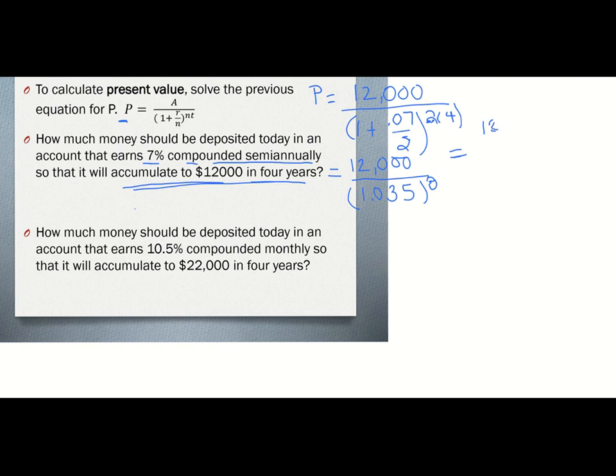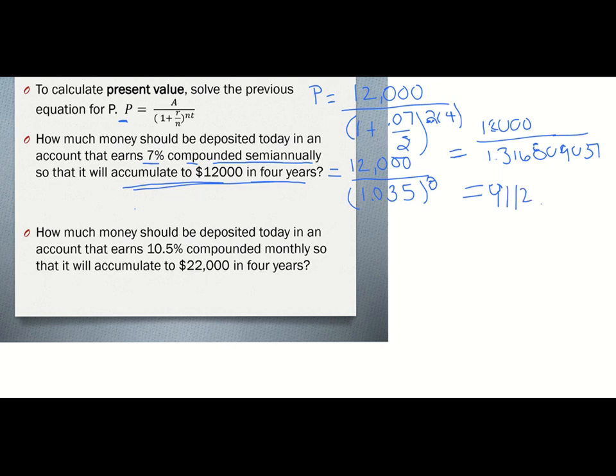12,000 divided by 1.316,809,037. And I'm going to take my 12,000, divide it by there, and I end up with $9,112.